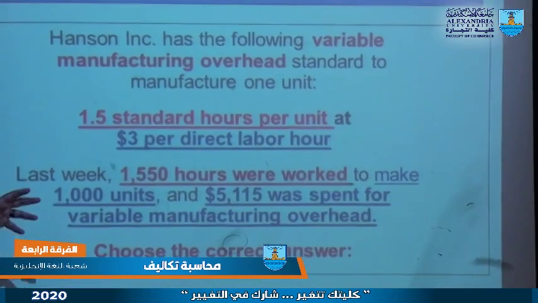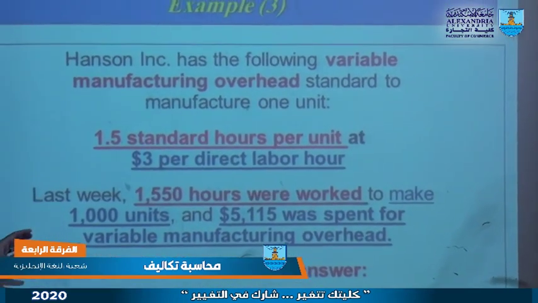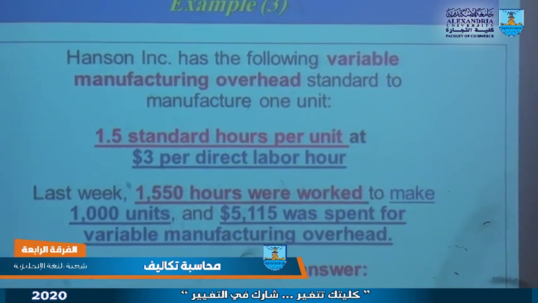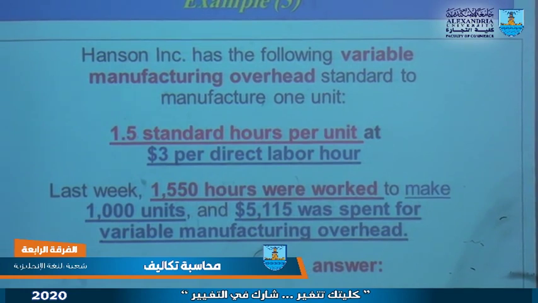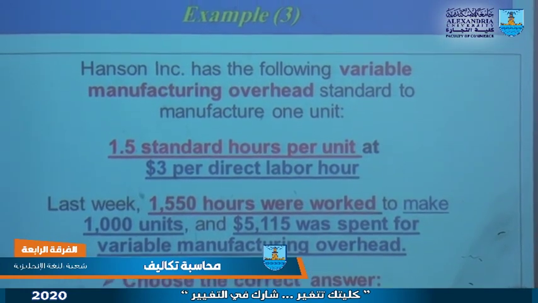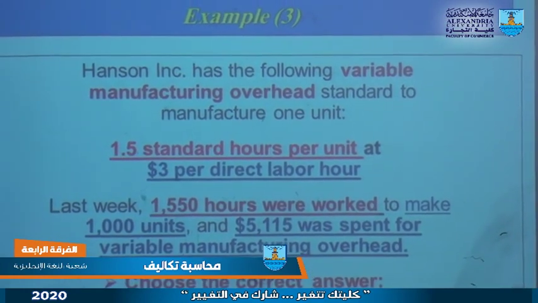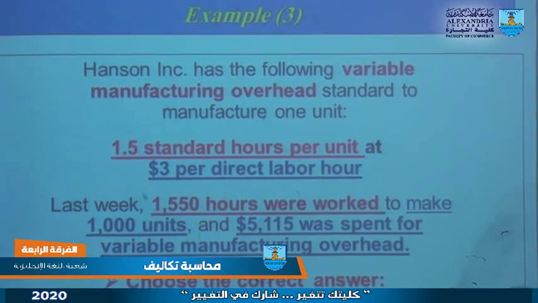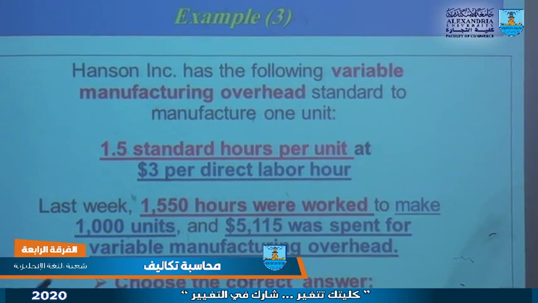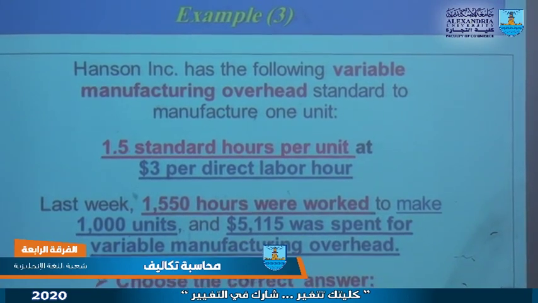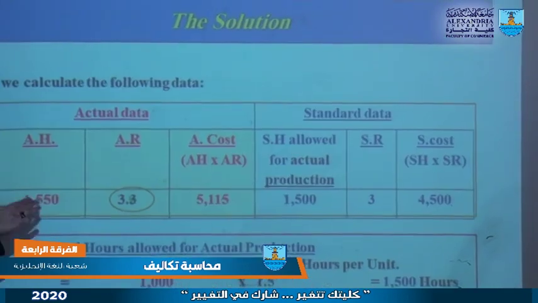Maybe I ask you the same problem, but instead of asking you to calculate the variances, indirectly I ask you an MCQ. Regardless of whether the requirement is to calculate directly or to choose and calculate indirectly, you have to prepare the table.